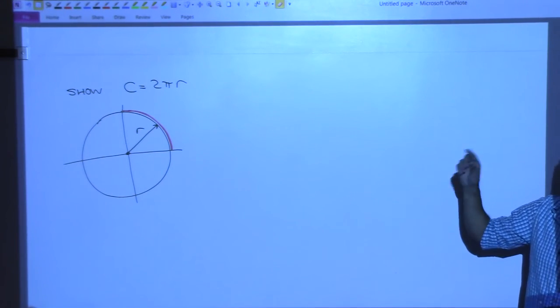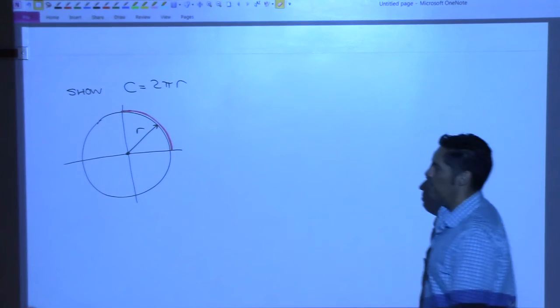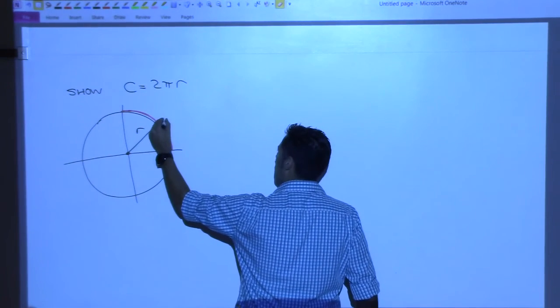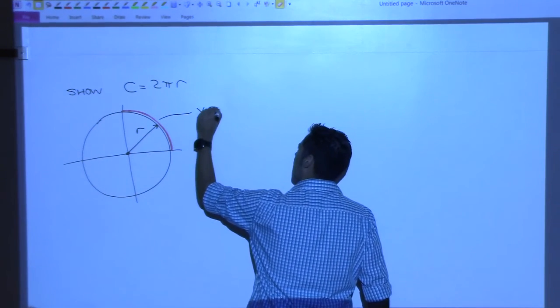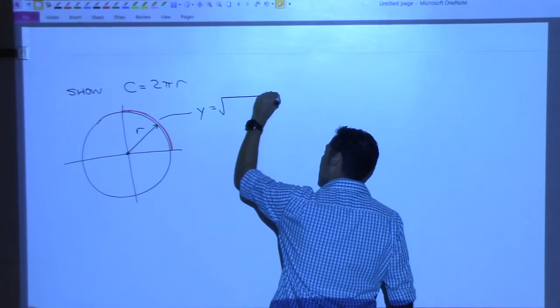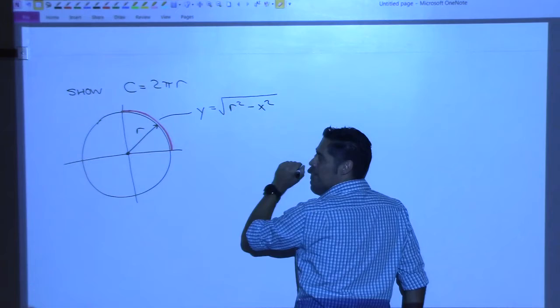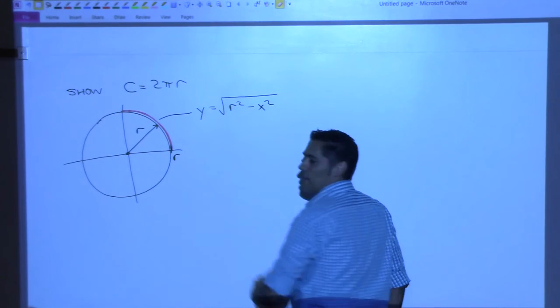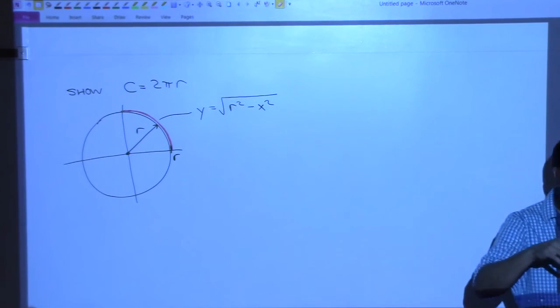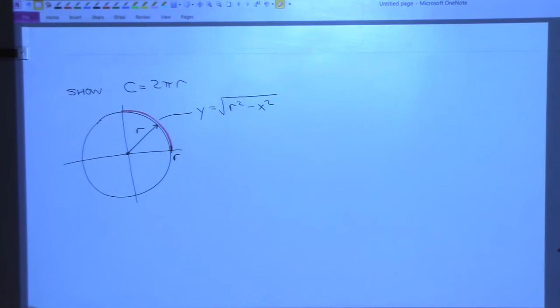And we've done this now. This is the third time we've done this. So hopefully we all remember what that curve is. y equals square root of r squared minus x squared. The equation of the circle is x squared plus y squared equals r squared. You solve for y. You get that? Agree?